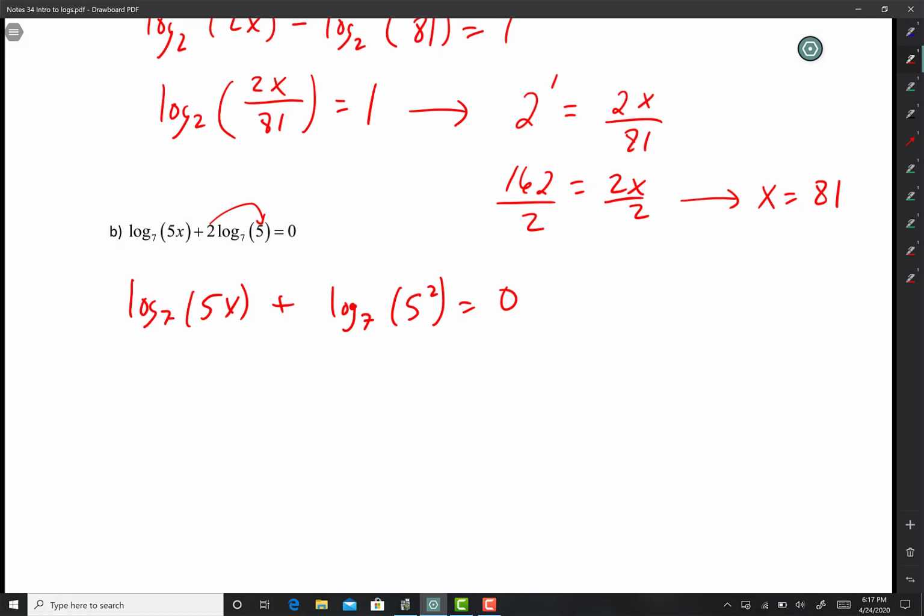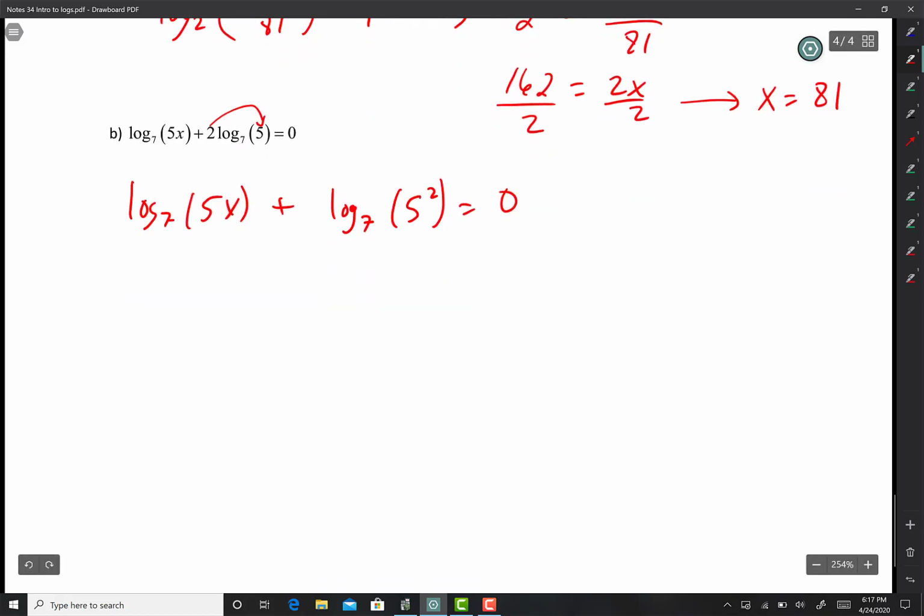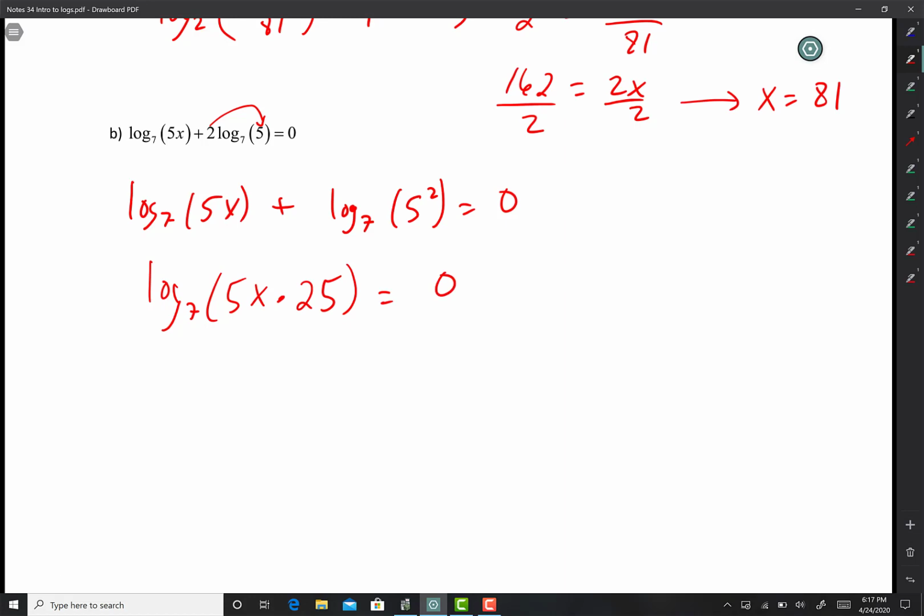So there we go, I fixed my error. I know some of you were probably screaming there. So log base 7, and I'm going to have 5x times 25 equals 0. Well, 25 times 5, let's see, 25, 50, 75, 100, 125. So log base 7 of 125x equals 0.